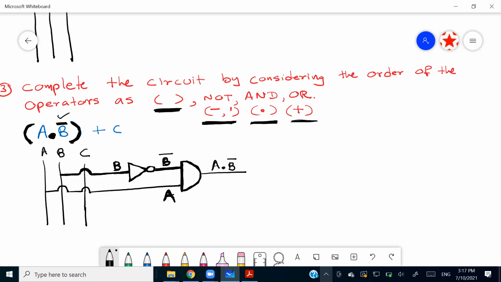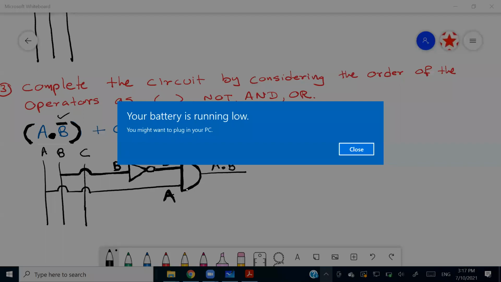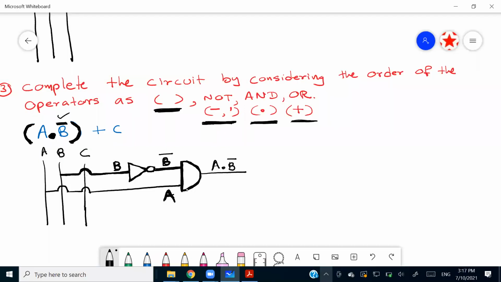So we put it through the AND gate. So we are having A dot B bar. So we are done with the bracket.